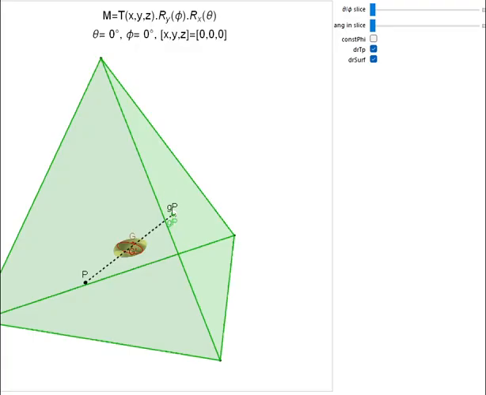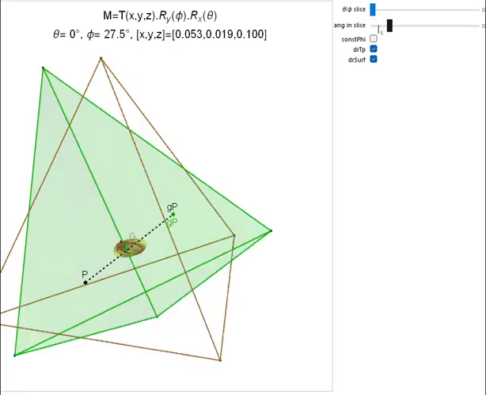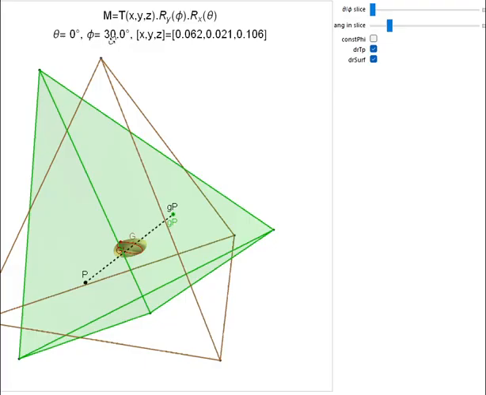But what's interesting is, for example, I can vary phi. Theta is being kept at 0, so the rotation about x is being kept at 0, but I'm varying phi. And as you can tell here, let me go ahead and get rid of the surface.